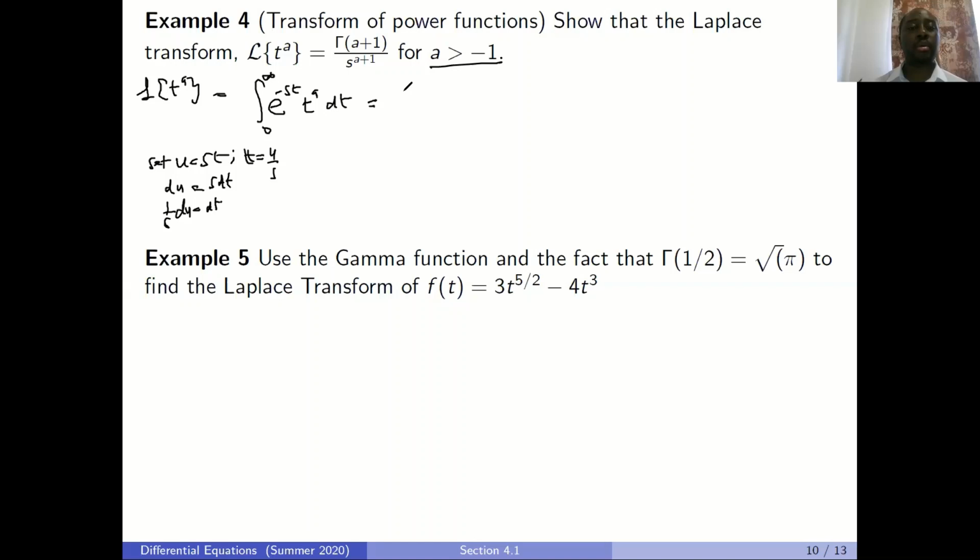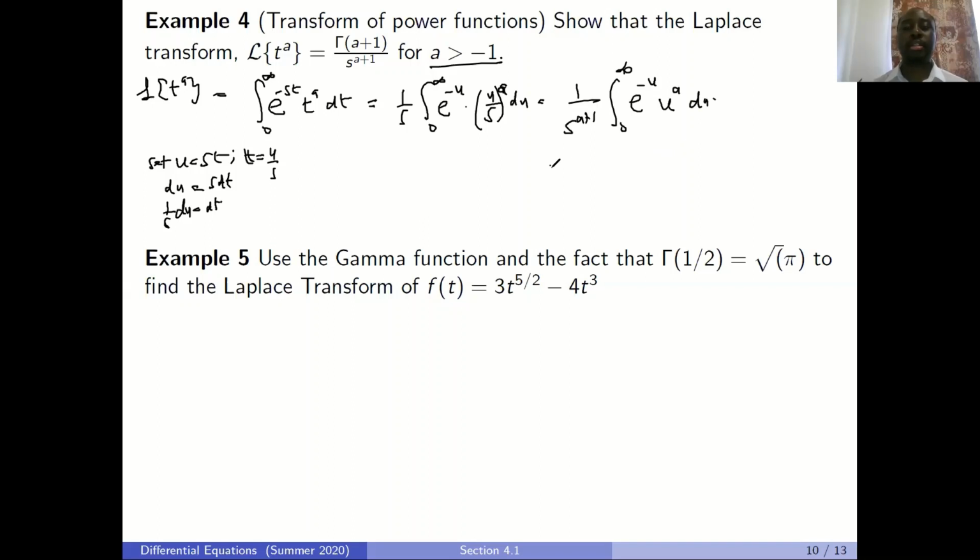Okay, so let's change variables from t to u. And then I have 1 over s, integral from 0 to infinity, e to the minus u, my t is u over s to the a du. So this is 1 over s to the a plus 1, the integral from 0 to infinity, e to the minus u, u to the a du.